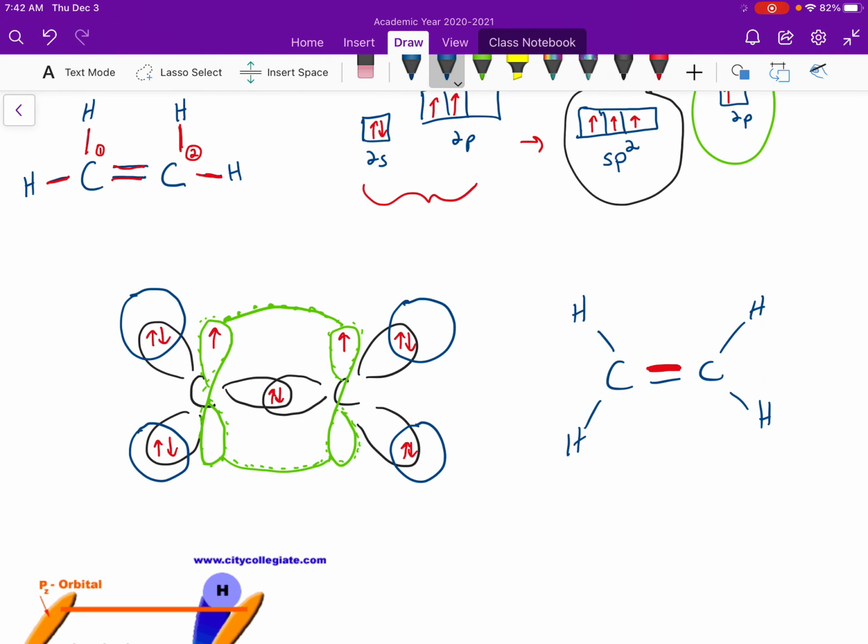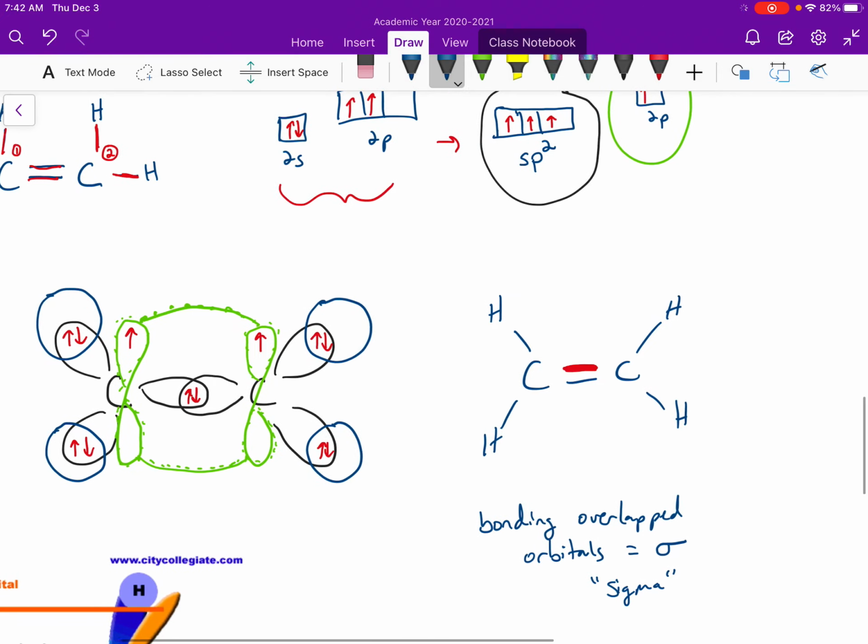And so what we do is we call these things different things. All bonding overlapped orbitals are called sigma bonds. That's the symbol for sigma. They're called sigma bonds. Those are the actual bonds, right? The bonds that are overlapping the different atoms.